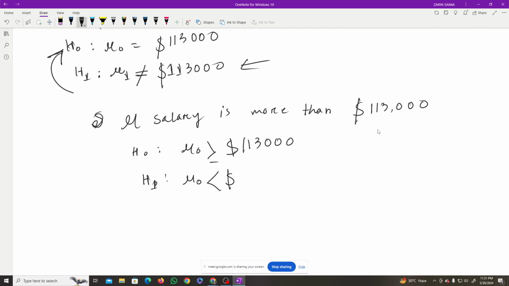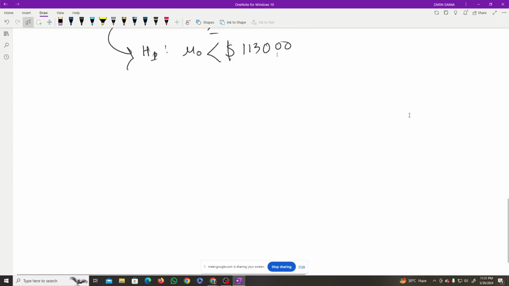So just like I said, anything that is not a null hypothesis would be alternative hypothesis. So it is less than $113,000. So the outcome of the hypothesis test refers to the population parameter rather than the sample statistics, right? So we will get the idea of the population, not the sample, though we are using the sample.